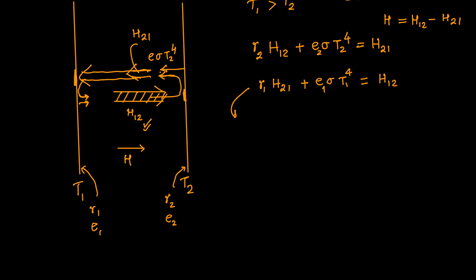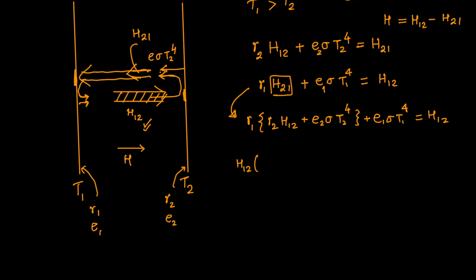Okay. So put the value of H21 from the above equation. In the place of H21 from the above equation, it is R2 H12 plus E2 sigma T2^4, plus E1 sigma T1^4. This is H12. So bring all H12 terms on one side.